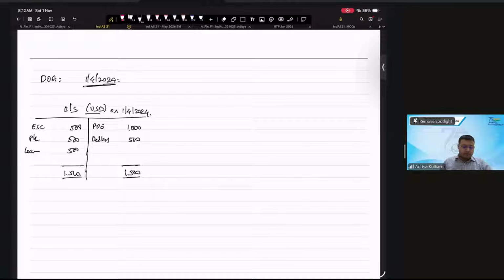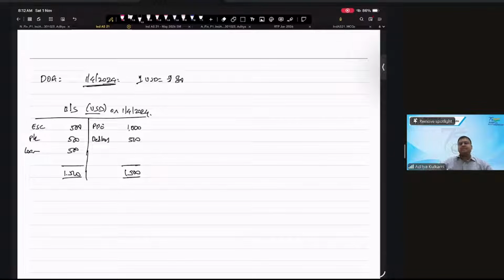Now this is the date I purchased the company. On 1st April 2024, I have purchased the company. Suppose on this date, the US dollar rate is 1 USD equal to rupees 80.